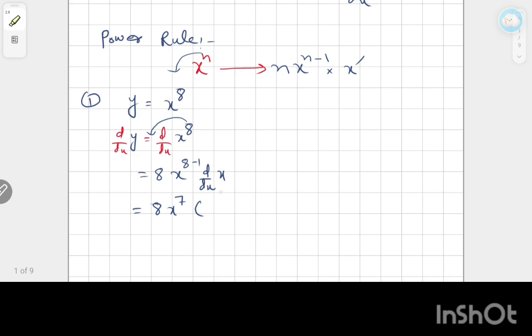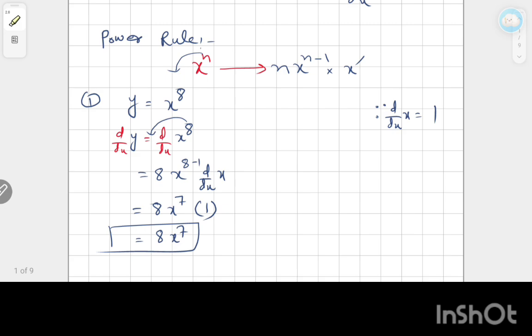What is the derivative of x? Remember, the derivative of x is always 1. So the answer is 8x to the power 7.